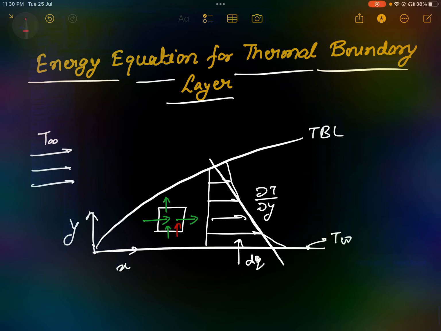That heat will conduct from this layer to this layer because the layers are more likely to be static layer by layer. So heat will not convect directly from the bottom layer to the upper layer. It will conduct as well as convect. Fine. So the conduction is more towards the y direction. That's why we have to consider it.